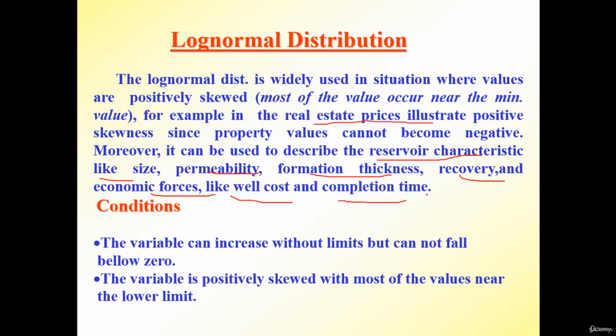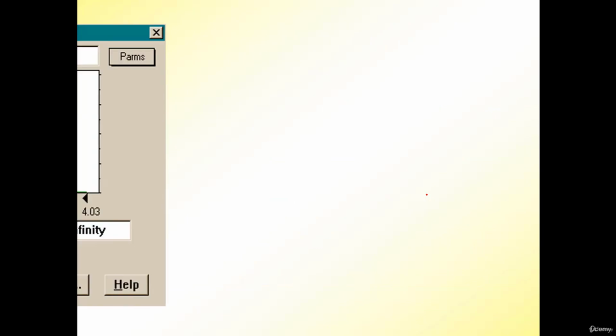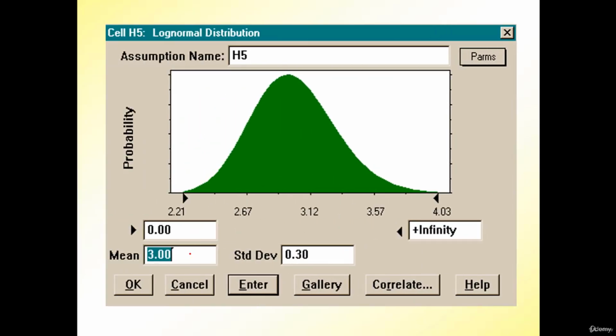I will give you this sheet because it can be handy if you forget. It defines the best probability distribution to use. This is the lognormal distribution, already defined by the mean and the standard deviation.